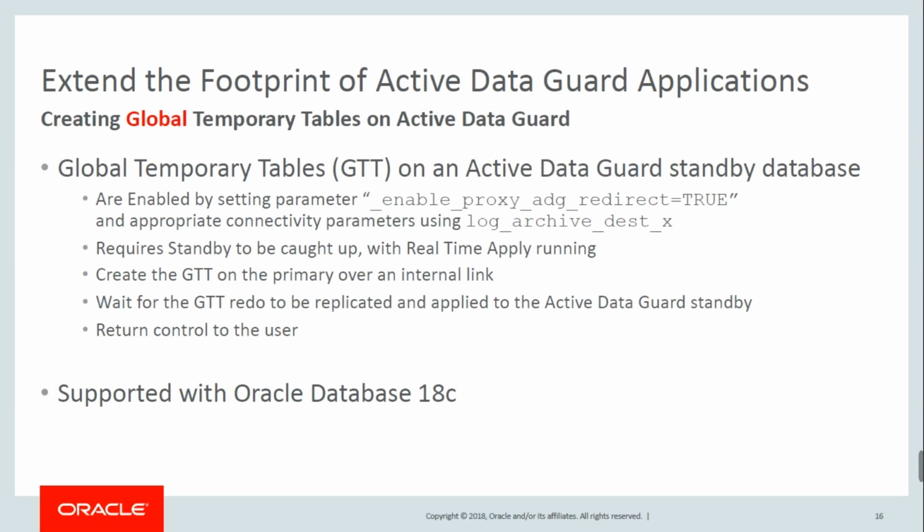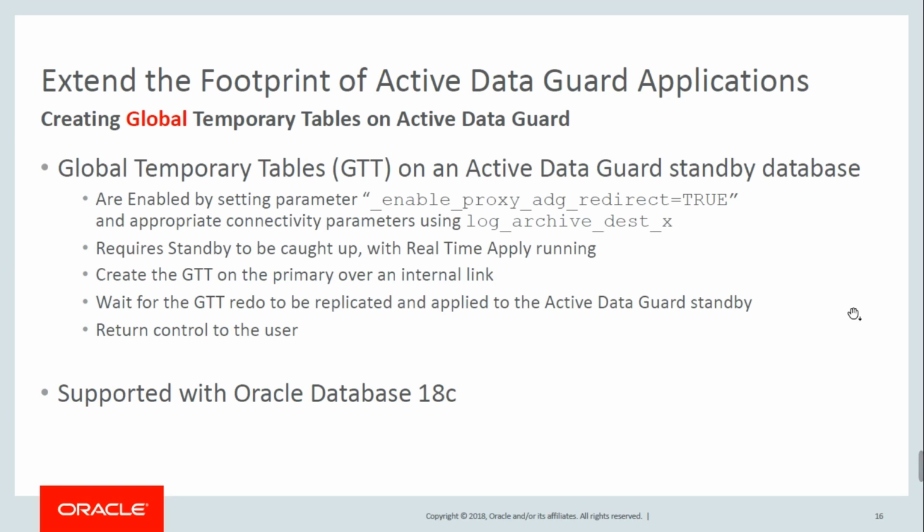Creating global temporary tables on Active Data Guard. This is also a new feature. GTTs on an Active Data Guard standby database are enabled by setting parameters: an underscore parameter, _enable_proxy_adg_redirect=true, and the appropriate connectivity parameter using LOG_ARCHIVE_DEST_n.